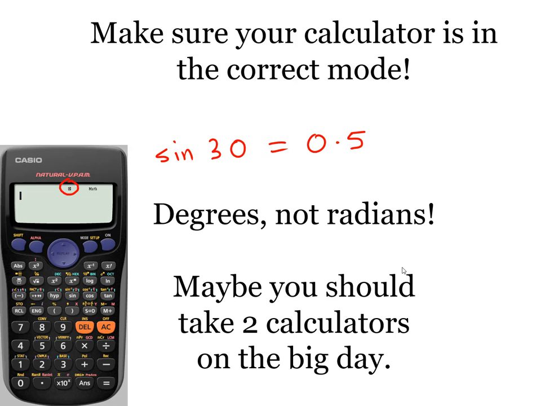And if you really want to be certain, you can press sine 30 and then equals, and your screen should show 0.5. Not a bad idea for a major exam to take a spare calculator with you, the same as the one you would normally use. You might have to borrow it from somebody. Anyhow, it would be good to have 2 calculators just in case one malfunctions on the day.